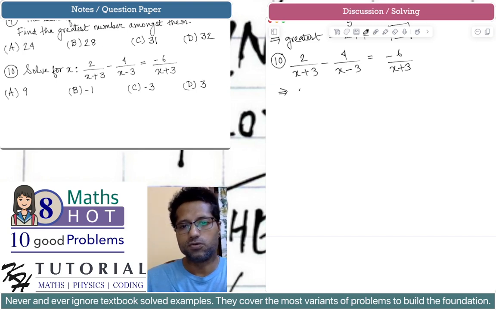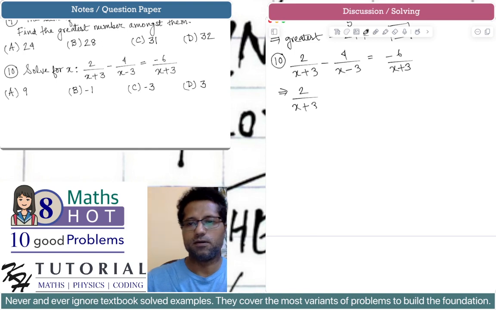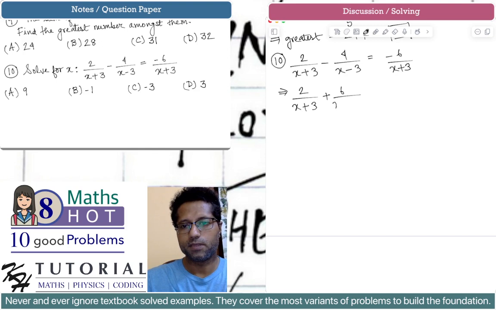So if I group them, 2 by x plus 3, and bring the minus 6 by x plus 3 to the left hand side, it will get added. So we will have plus 6 by x plus 3, and we have minus 4 by x minus 3 is equal to 0.